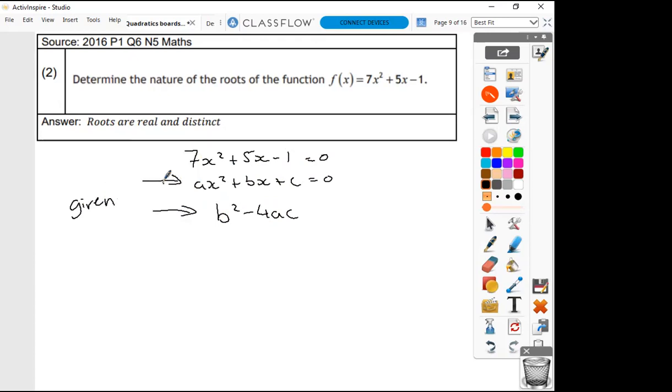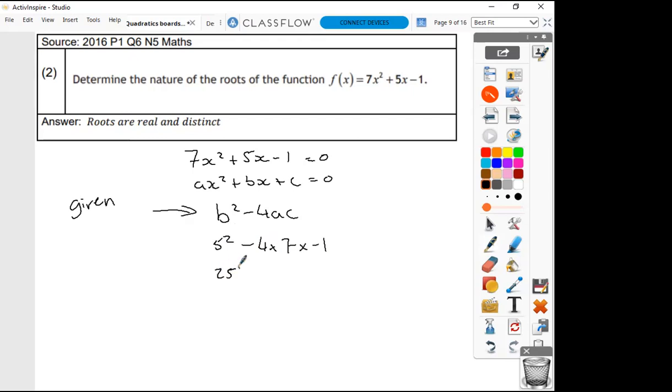That first line I did is just the normal format for our quadratics. b squared minus 4ac is 5 squared minus 4 times 7 times negative 1.